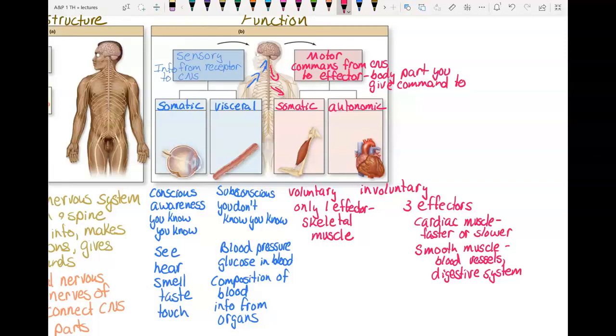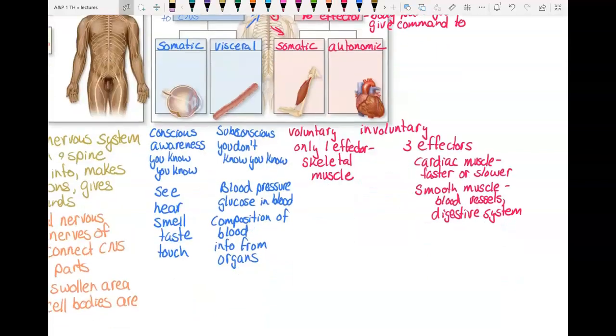Or after you eat lunch, you don't have to consciously sit there and digest your lunch. That's all autonomic. And the third effector is glands. Think about when you sweat. You don't choose to sweat, it just happens. Or salivary glands, when your mouth waters. Those are all autonomic activities.